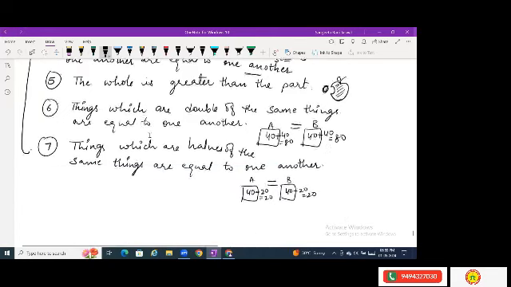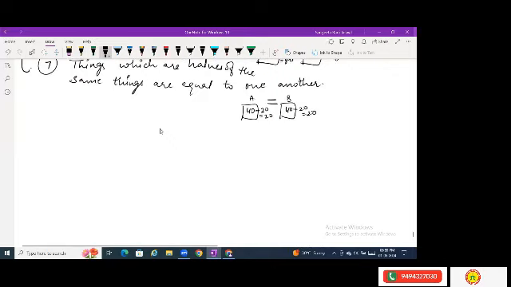Now coming to the postulates part. Let's move to the postulates only. We'll discuss other things later. Now postulates, what did I say? That is again an assumption which is very specific to geometry.